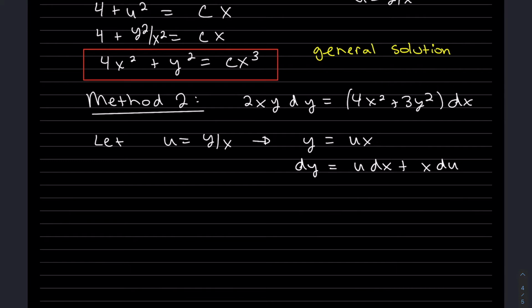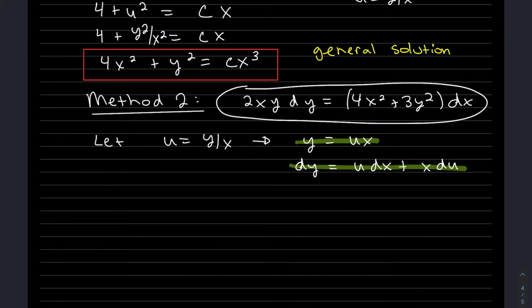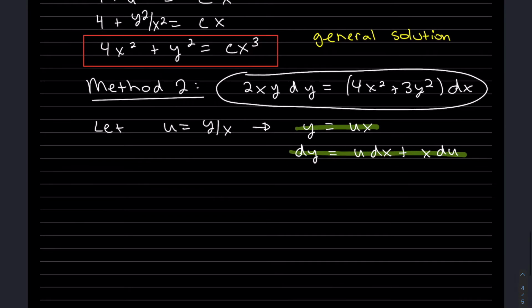So this is what we'll use, and this is what we'll use to substitute into our DE here. So there's no manipulating. We just do it. Anywhere you see a y, we replace it. Anywhere we see a dy, we replace it.